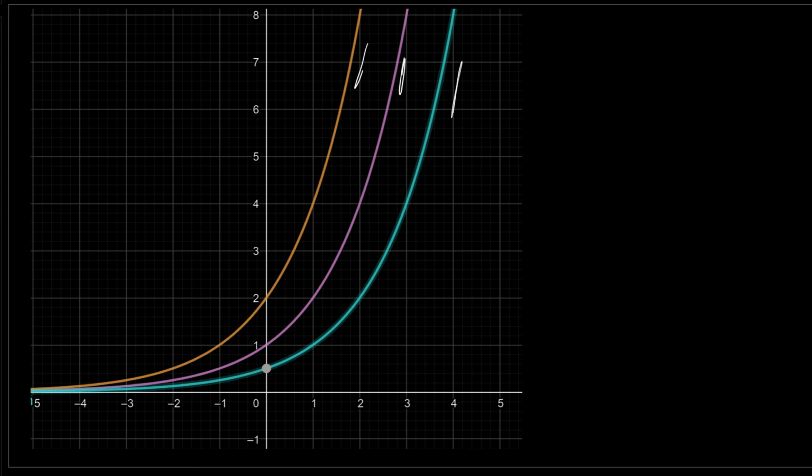But there is this thing going on where this one had the multiplier of 2, this one had no multiplier in front, it was just a 1, and this one had the multiplier of 1 half. So they're all similar in that they're all increasing and they all roughly have the same shape, but what's different is they're hitting different starting values. So that number in front we can see is the a value. So a is 2, a is 1, a is 1 half.